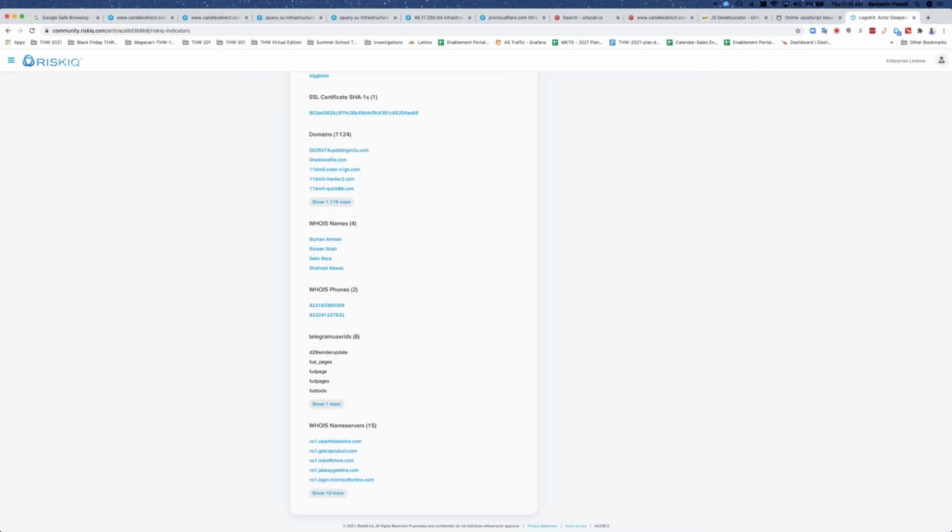Figure about an average of 100-ish domains a day that we're seeing. So it's very prolific. When we see a phish, we put it on our blacklist, and once we blacklist it, Google and Microsoft will take our blacklist and put it into production within like 10 to 15 minutes.